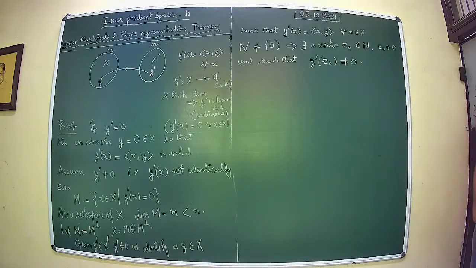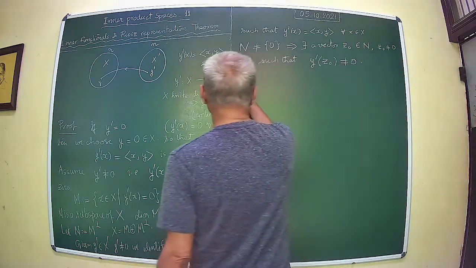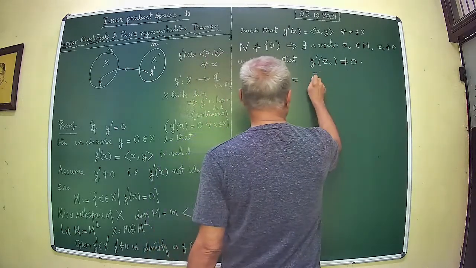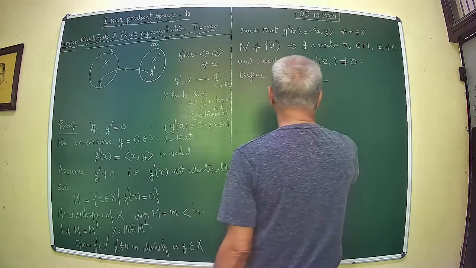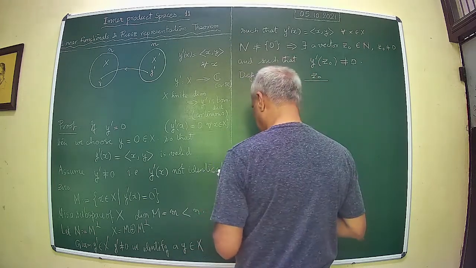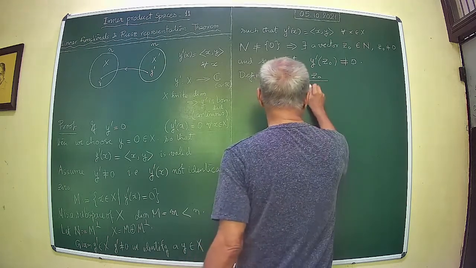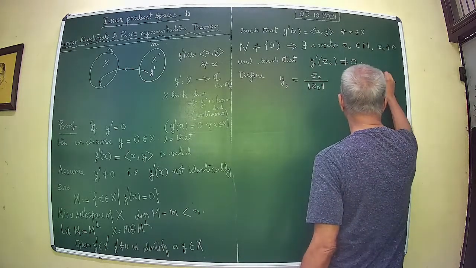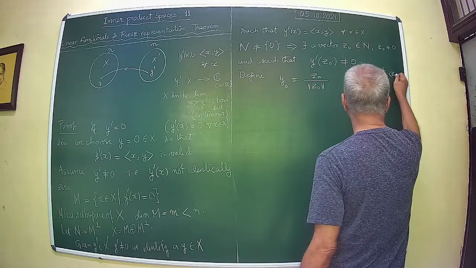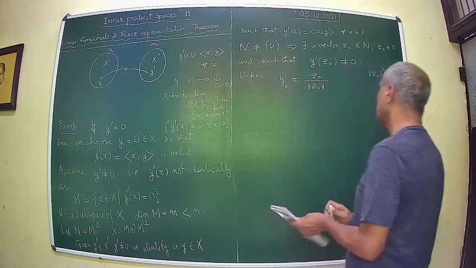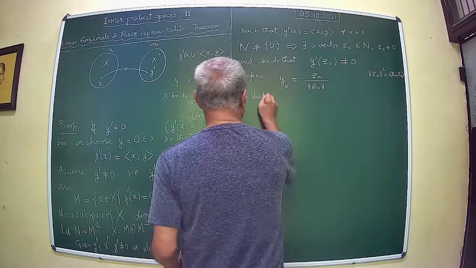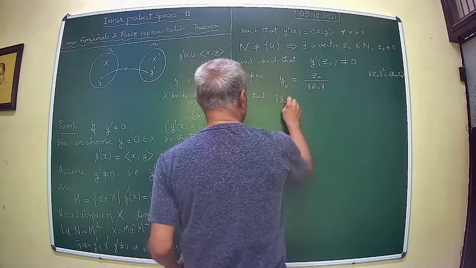What we do is, z naught is a non-zero vector, therefore define y naught as z naught divided by the norm of z naught, so that the norm of y naught is equal to 1.